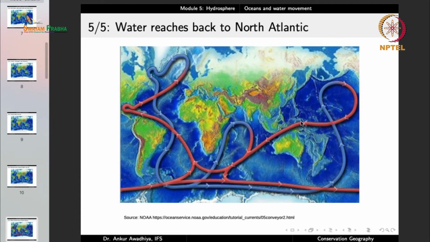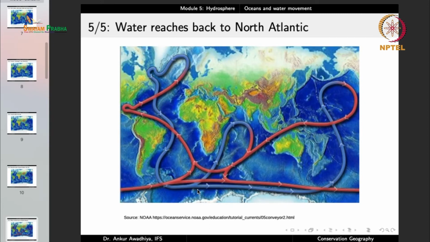So all this water is now moving like this. You have a surface movement like this, you have this surface movement, and all of this moves back into the North Atlantic, and so this current continues. So this is the global conveyor belt or the thermohaline circulation.